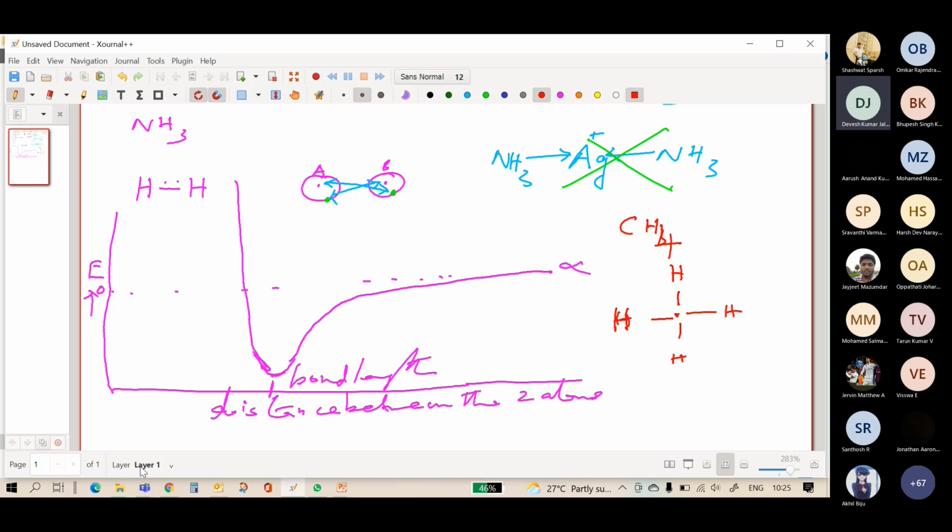In order to achieve that, once the molecule forms, the bonds have to orient themselves around the central atom in such a way that maximum distance is maintained between the electron pairs, so that the maximum possible separation is maintained.